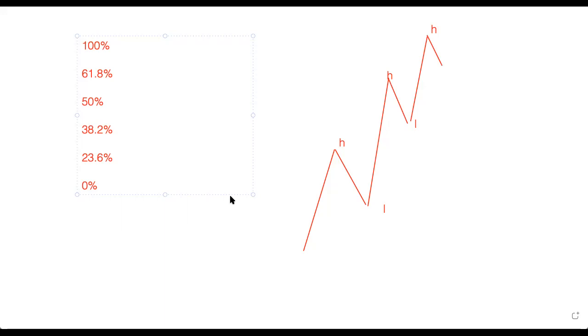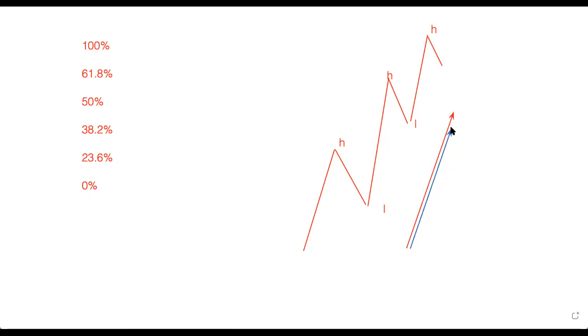Now, as I was saying, this is how the Fibonacci looks like. And the way that we use a Fibonacci when we are in an uptrend, please, this is where most people get it wrong. And then I'll show you on the chart. When we are in an uptrend, when we select our Fibonacci tool, we place it from the bottom going up.